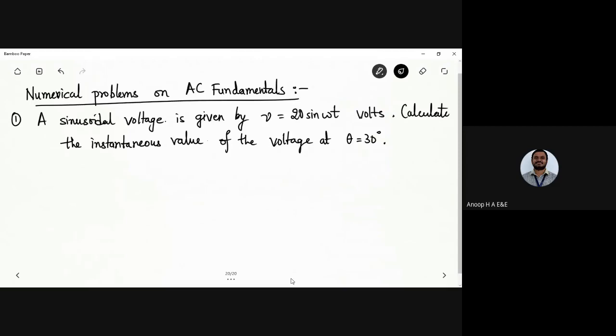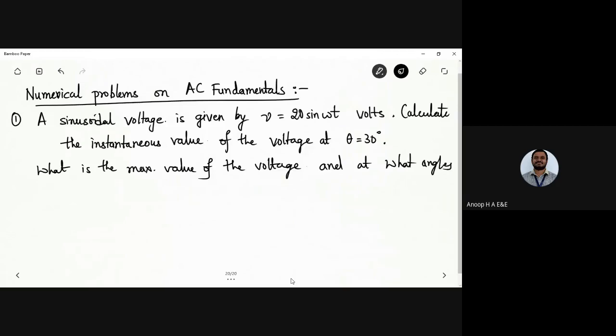And next, what is the maximum value of the voltage, and at what angles?